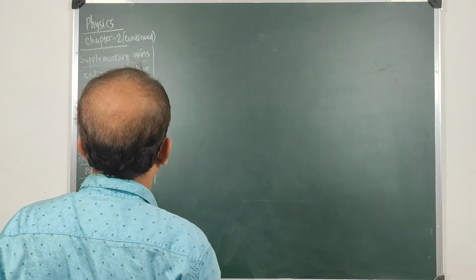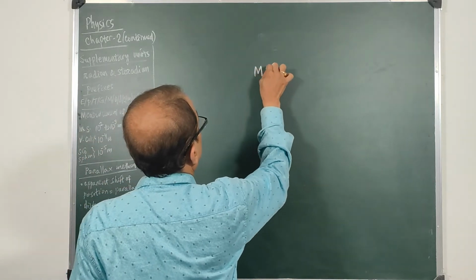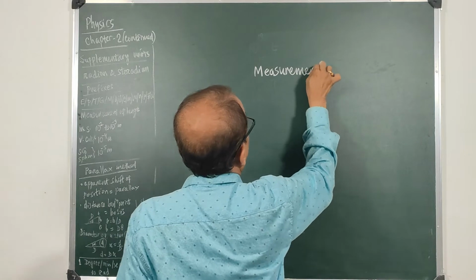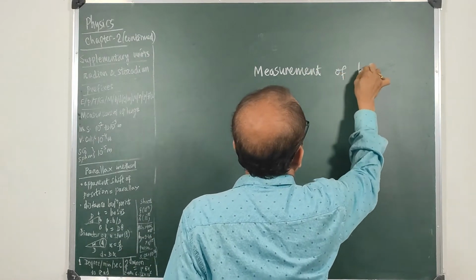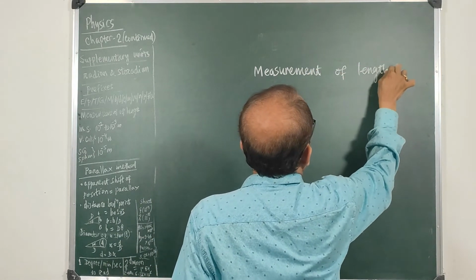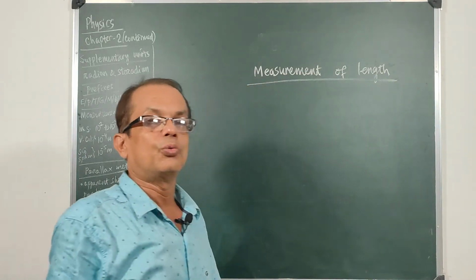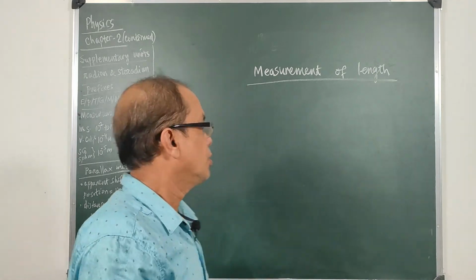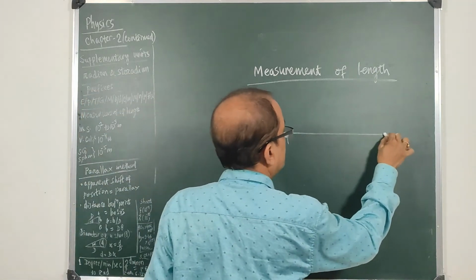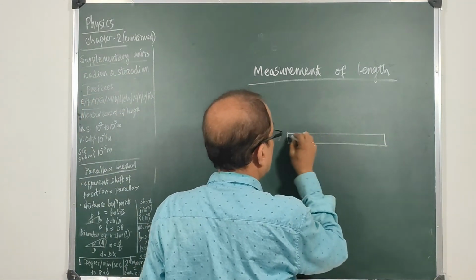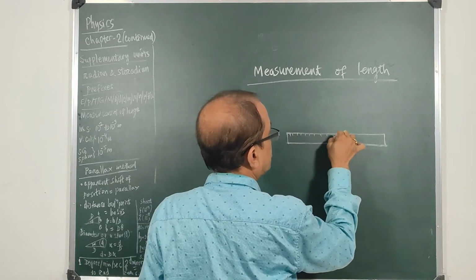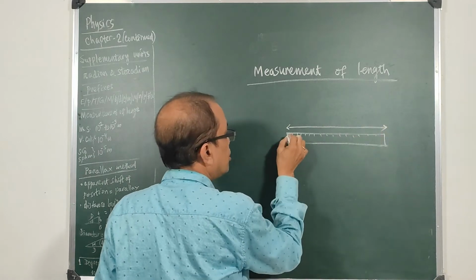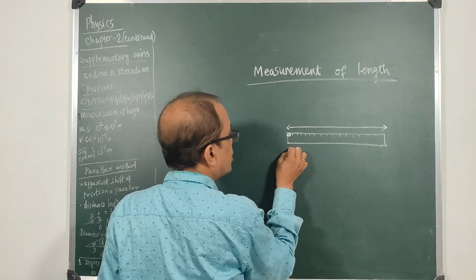Then we talk about measurement of lengths by different scales. In physics we use three different kinds of measuring scales. One is a scale you might have seen, which is a rectangular one having graduations, and the maximum length that you can measure and the minimum distance that you can measure.